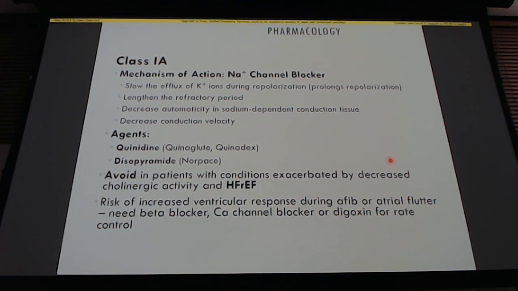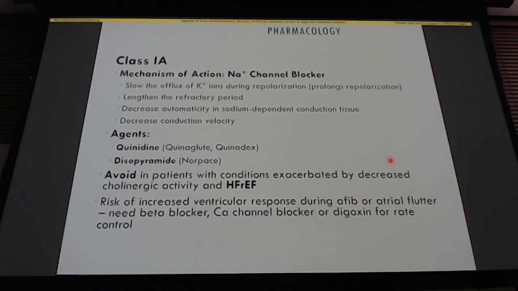Because I could potentially slow something down too much and I have that reflex. So if I put my beta blocker on top of that, I can help keep that balance and keep that reflex under control. That's why you typically see them on together, because that increase in the ventricular response is happening. So I take my beta blocker and I say, hey, slow that down over there.